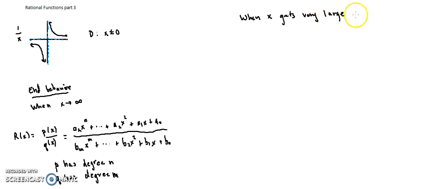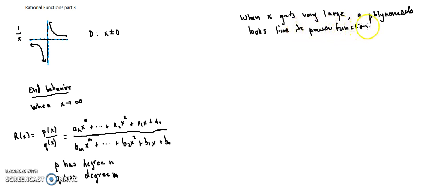Remember, when x gets very large, a polynomial looks like its power function. Okay, so a x to the n, for example.